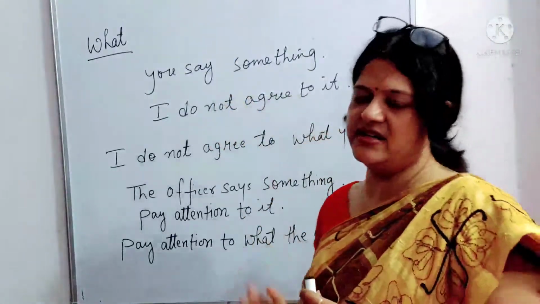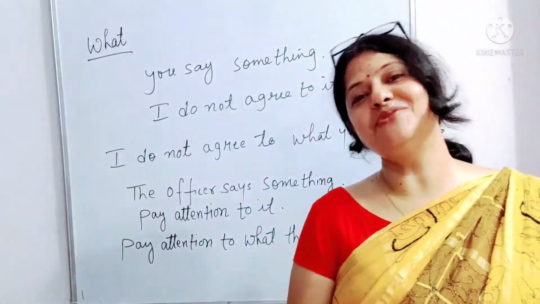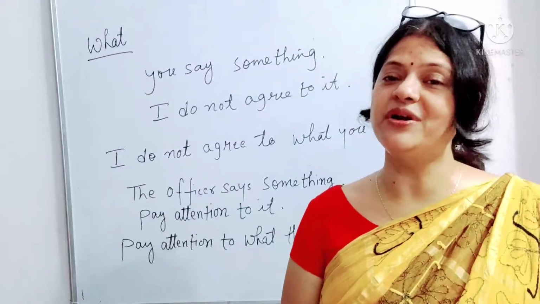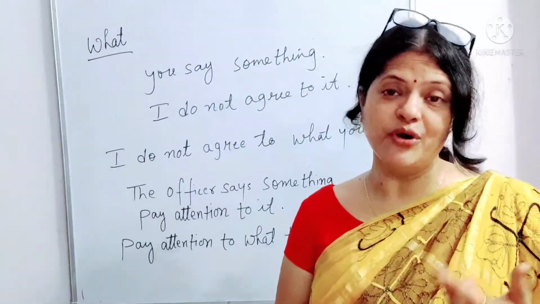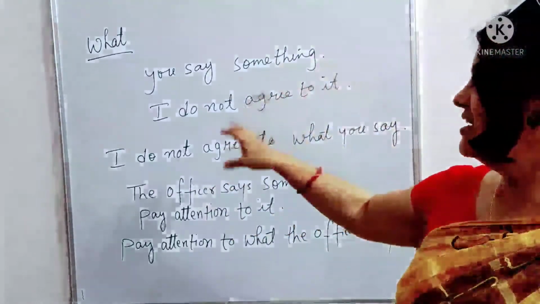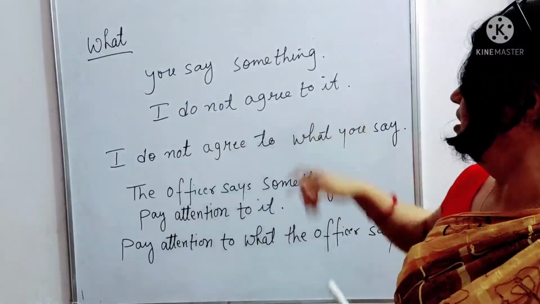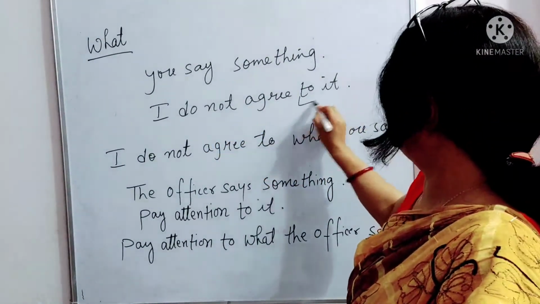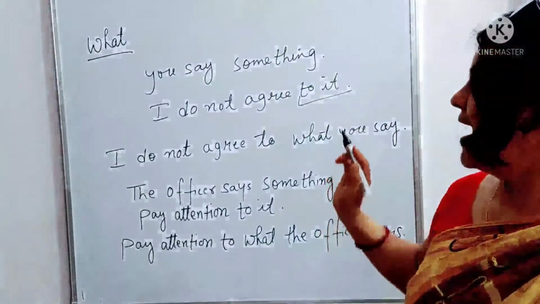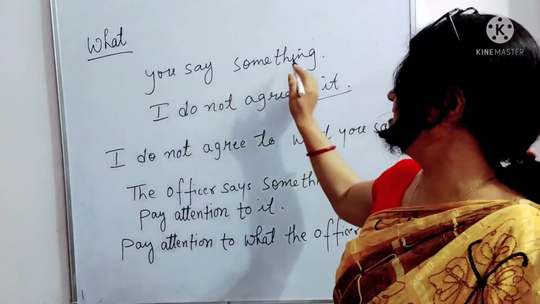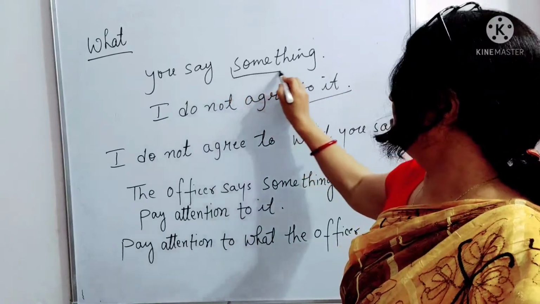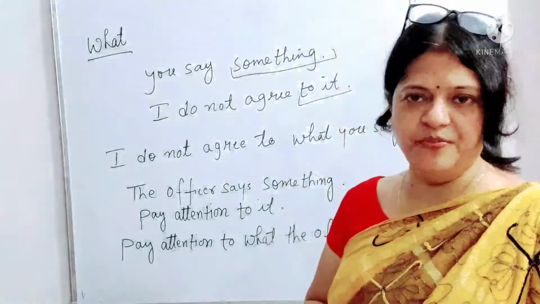These are the two sentences. First I'm giving you examples so it becomes clear to you. Perhaps I'm not able to make you understand what I'm trying to say. So just see that in one sentence I have I don't agree to it. This sentence is ending with to it. And in the first sentence, you say something. So in one sentence something needs to be there.